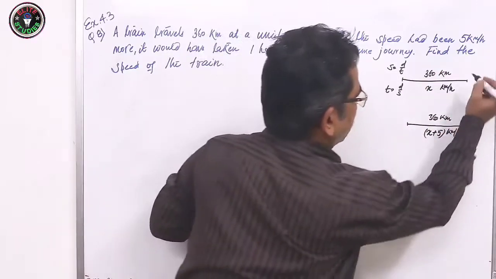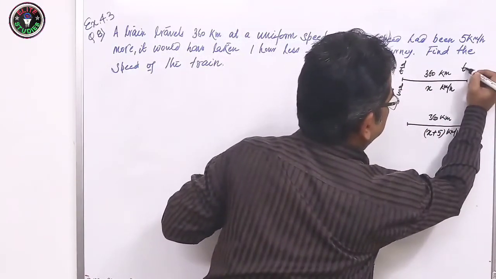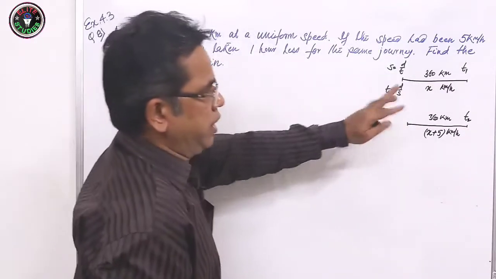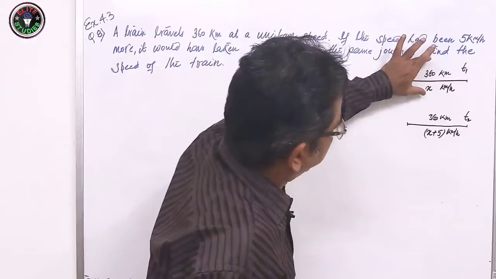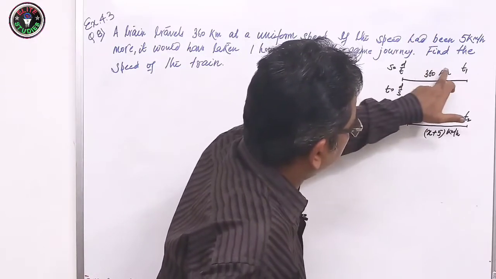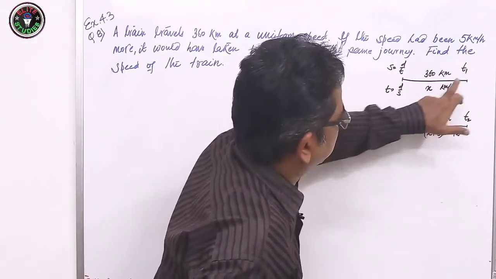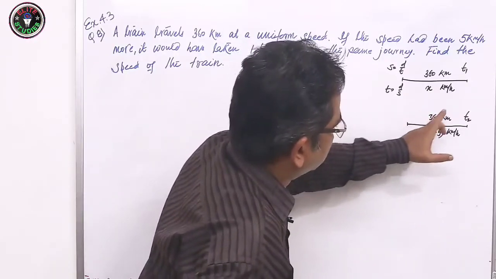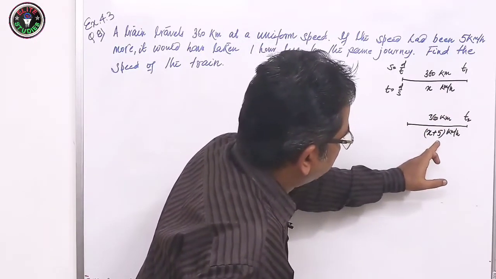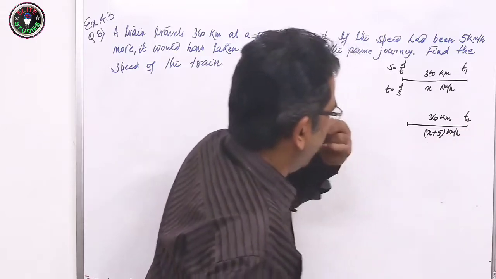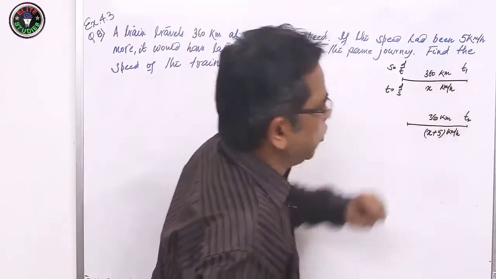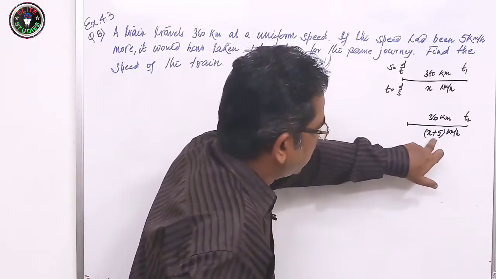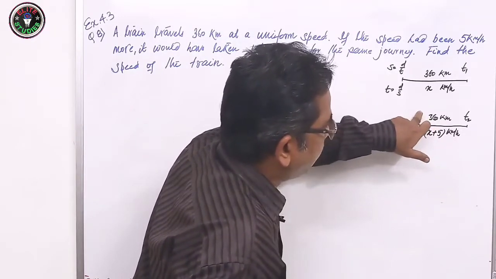So if you represent this time as t1 and this time as t2, pay attention dear students, here is important. Take the time taken to cover 360 km at a speed of x as t1 and the time taken to cover the same distance 360 km at a speed of x plus 5 as t2. Then which one will be more? Because the speed here is more, the time taken here will be less.